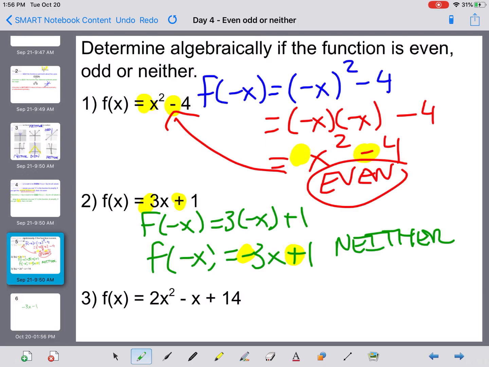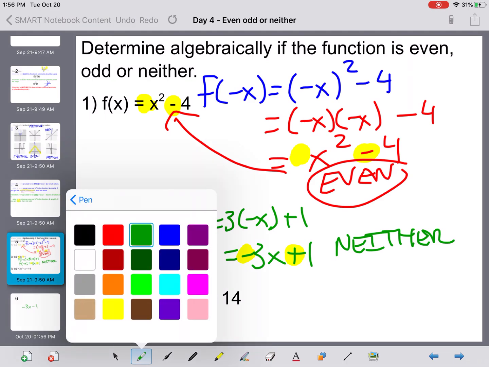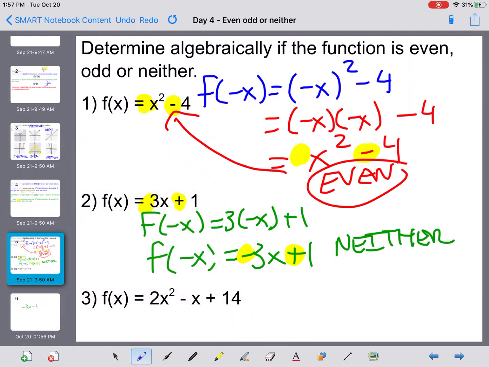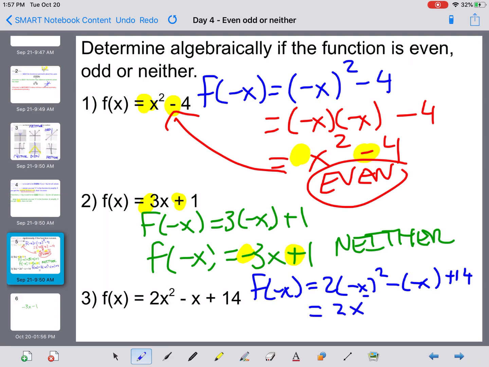Okay, if we look at the last one, same kind of deal, plug in negative x. There's no special case or anything like that. Just plug in negative x. We get 2 times negative x squared minus negative x plus 14. And so negative x squared is going to be positive x squared, so we get positive 2x squared. Negative negative x makes positive x plus 14.